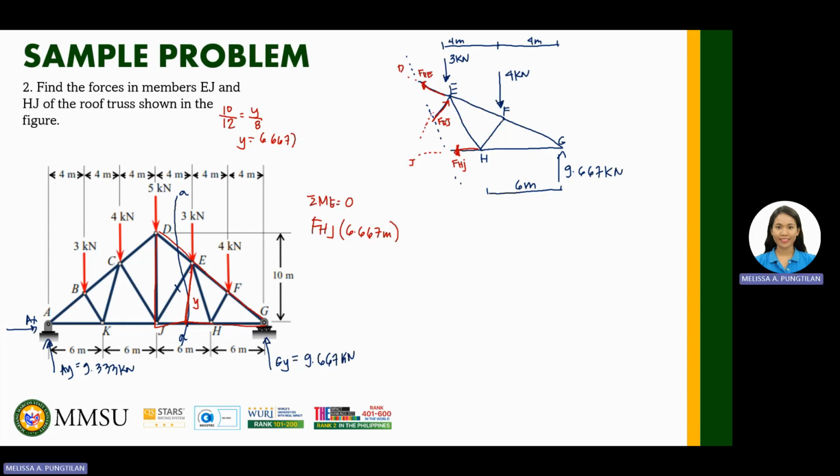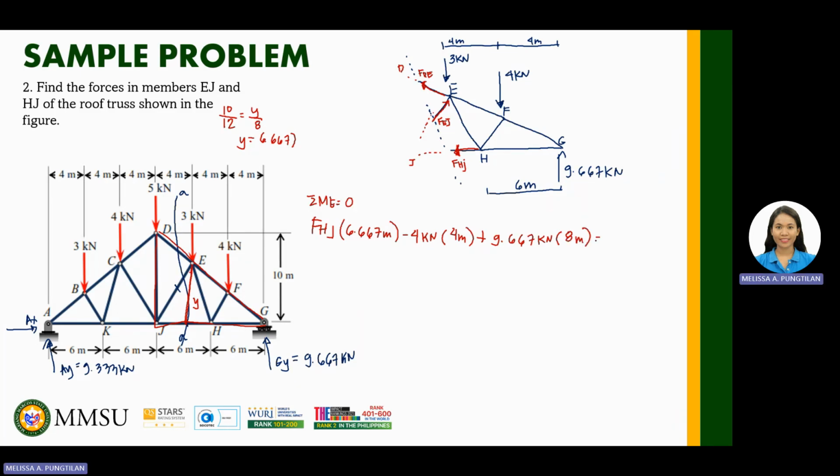Next, balik tayo dito. Yung mga external forces naman. So, 3, nagmo-moment tayo sa point E. Therefore, yung 3 kilonewton is makakancel also. Therefore, 4 kilonewton na tayo. So, minus 4 kilonewton multiplied by the moment arm of 4 meters and then yung ating support reactions na 9.667. So, it will create a counterclockwise motion, therefore plus 9.667 kilonewton multiplied by 8 meters.